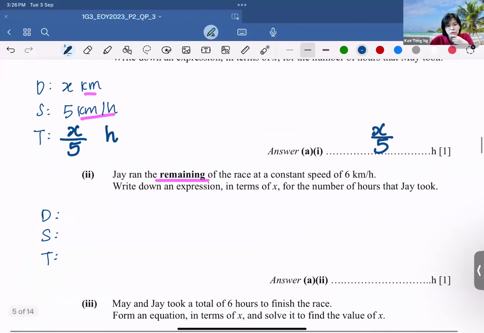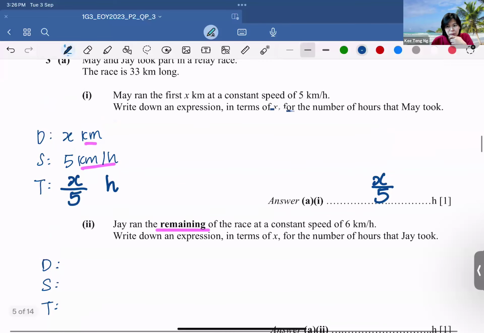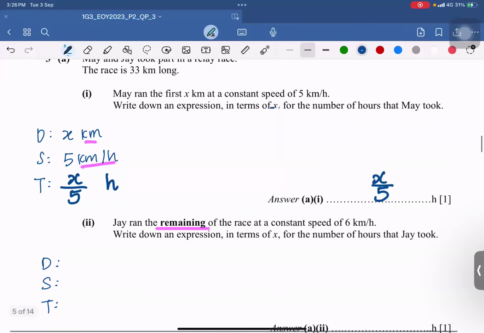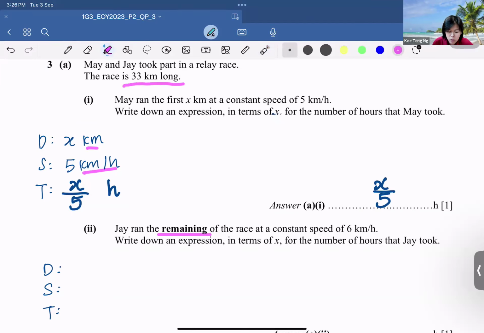Next part, J ran the remaining race. Next person, see who I can call. Jaden, can you tell me what does the word remaining tell me about the distance? What can you tell me about the remaining distance? My whole race was 33 kilometers long, right?